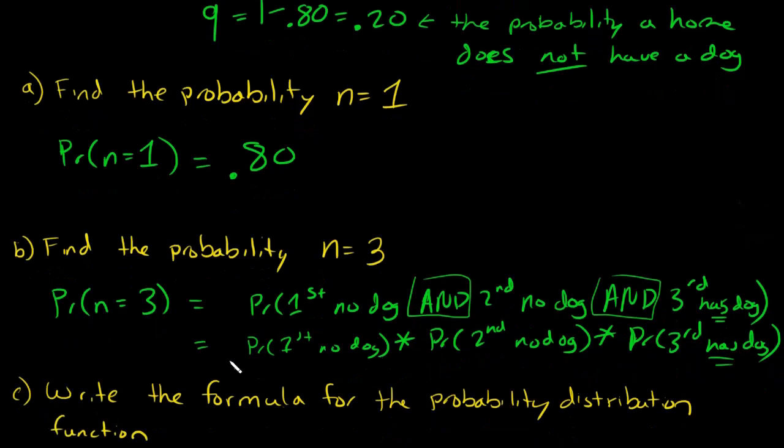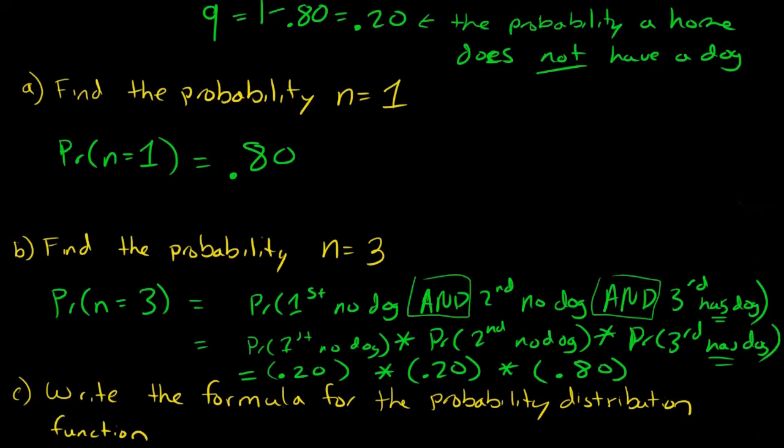What's the probability of not having a dog at the first home? That would be 0.2, the probability of failing. Not having a dog at the second home is also 0.20. Having a dog at the third home is 0.80.